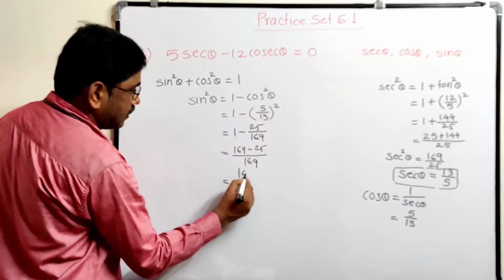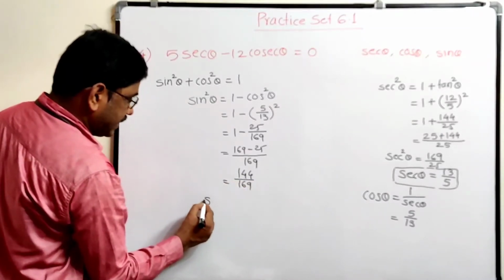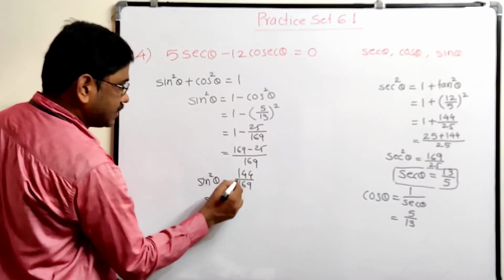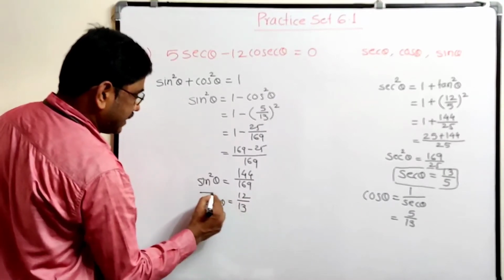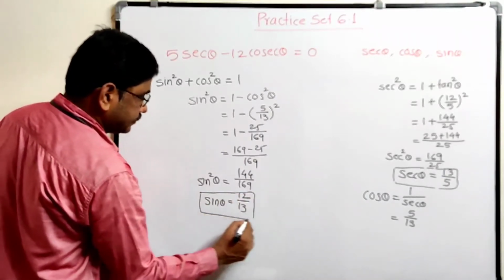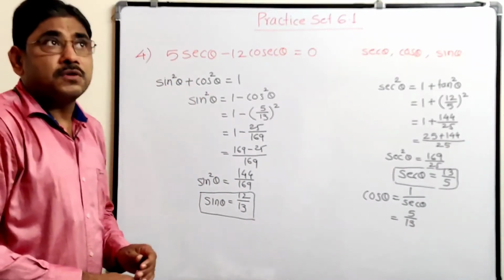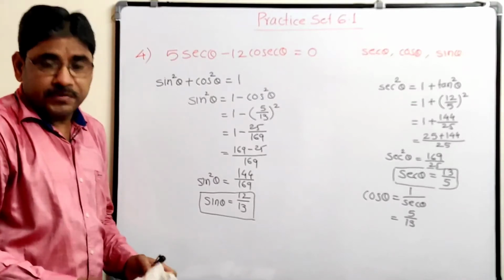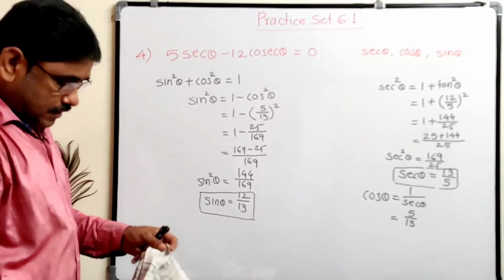So this is 144 divided by 169. This is sin square theta. This is a square, take its square root. 12 by 13. So we get all the three values, sec theta, cos theta and sin theta. So in this way, in the first 4 questions we have to use identities and then find the values.